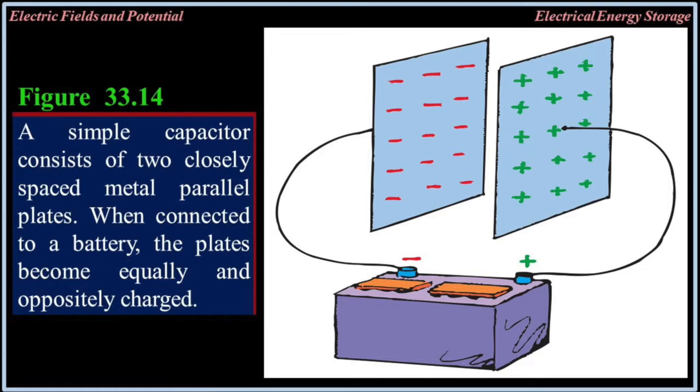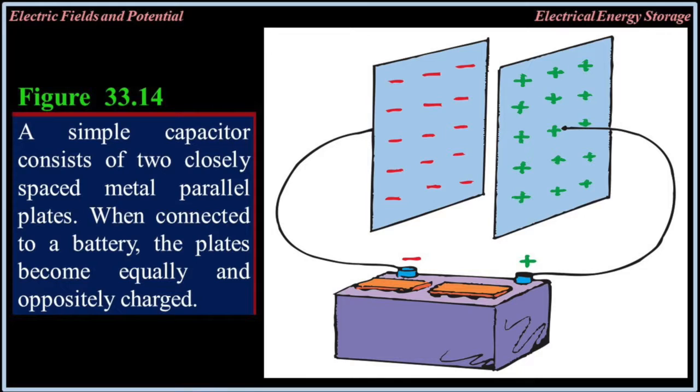These electrons, in effect, are pumped through the battery and through the negative terminal to the opposite plate. The capacitor plates then have equal and opposite charges. The positive plate is connected to the positive battery terminal, and the negative plate is connected to the negative battery terminal. The charging process is complete when the potential difference between the plates equals the potential difference between the battery terminals, the battery voltage.